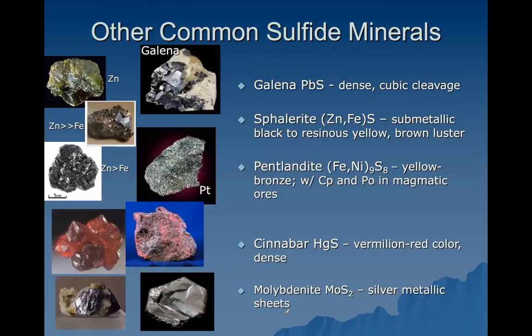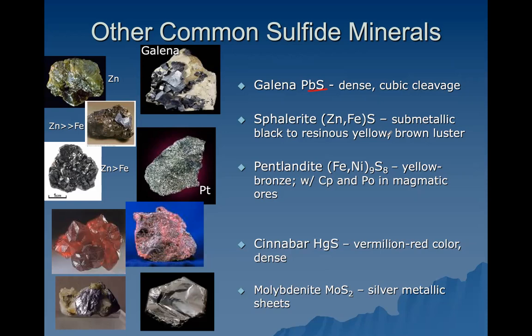Right. So other common types of sulfide minerals, you know, galena, it's lead sulfide, and sphalerite. Sphalerite is what? Zinc iron sulfide, right? It's a kind of yellowish substance, and has a resinous texture.